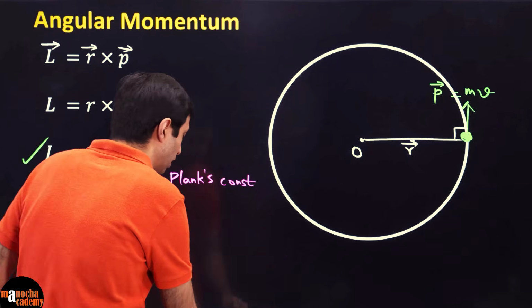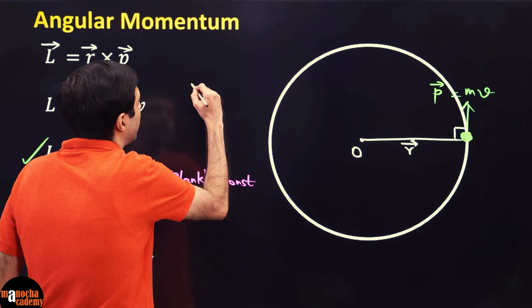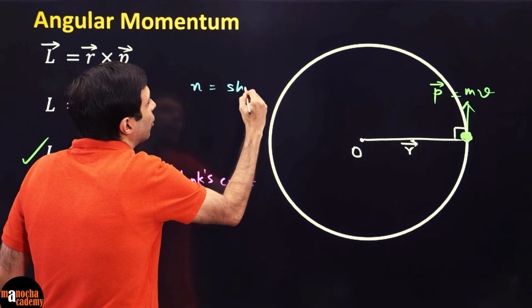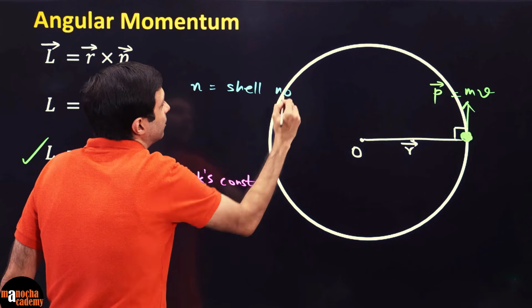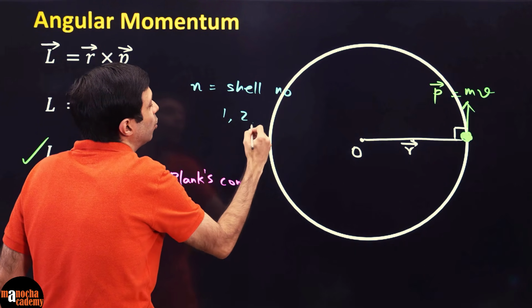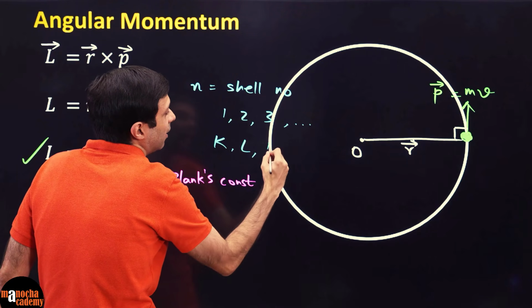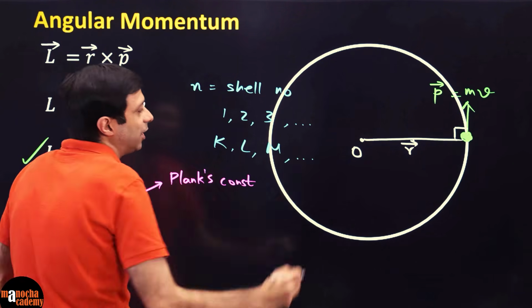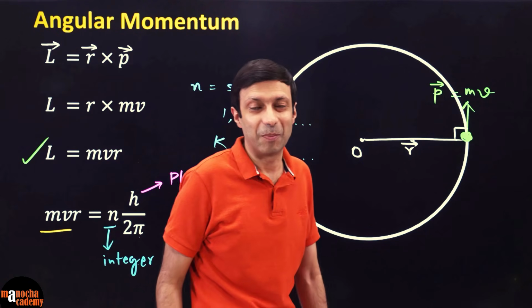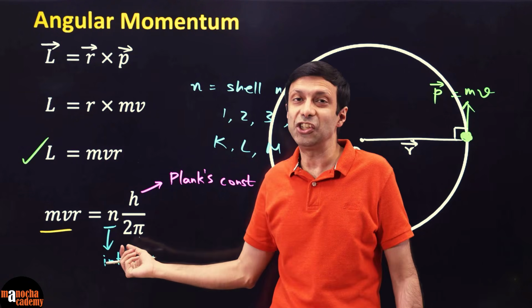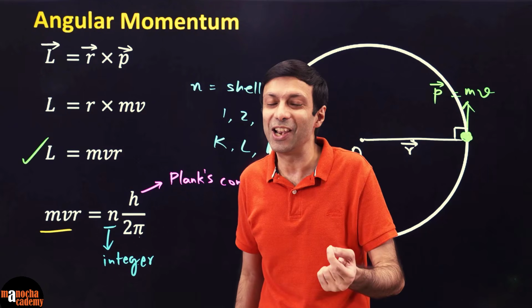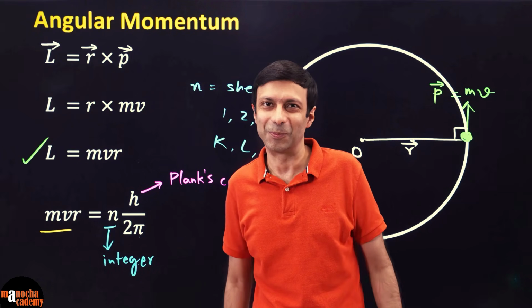So note this down: n is basically your shell number, which can be 1, 2, 3 and so on, for the K, L, M, N shell and so on. Remember, this n integer is your shell number in Bohr's model of the atom.